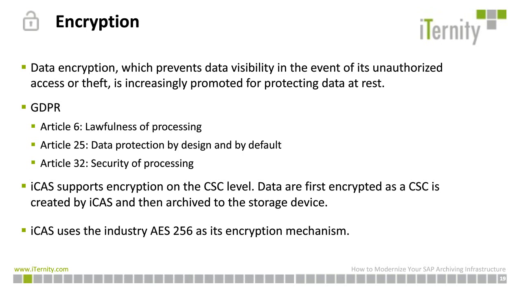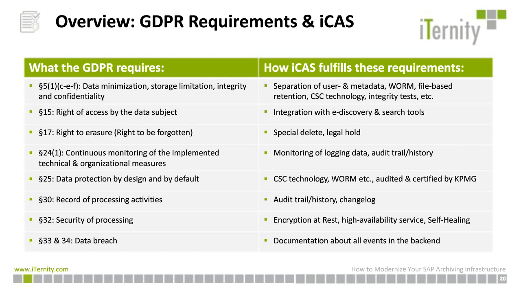That's a SHA-512 hash that is created there. In the case of encryption, we use AES 256 as an encryption mechanism, and that prevents data access or theft of your data at rest. This encryption is also very relevant, like I said, with different GDPR regulations.